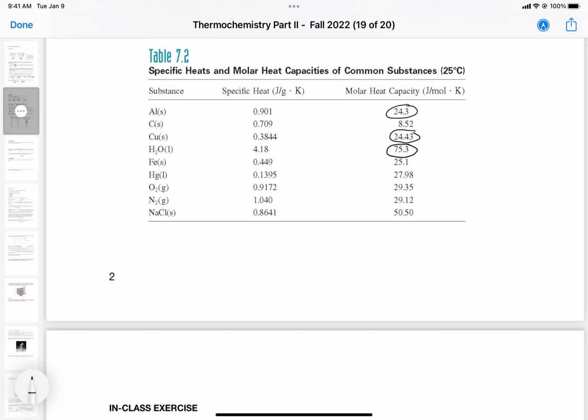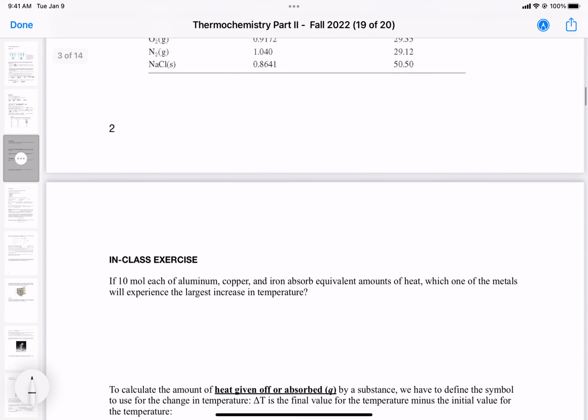It's not always the case. We have to think about both the values in moles and in grams. There's not always going to be a consistent trend if you go from grams to moles for heat capacity. Okay, so if we look at this list here, we see aluminum has the lowest molar heat capacity, right?